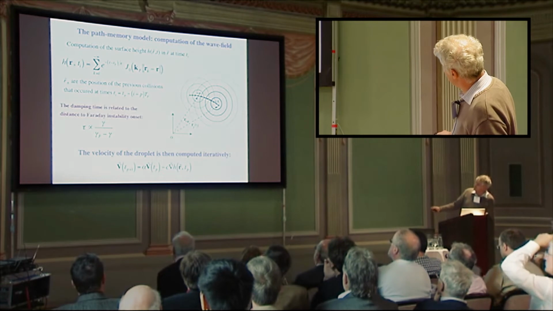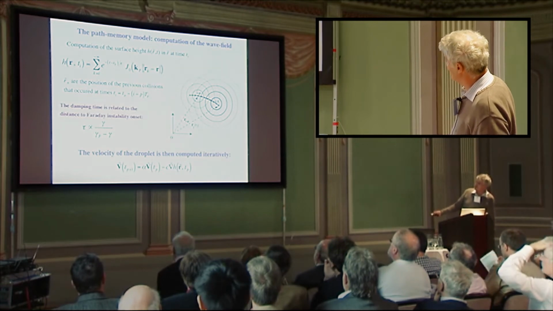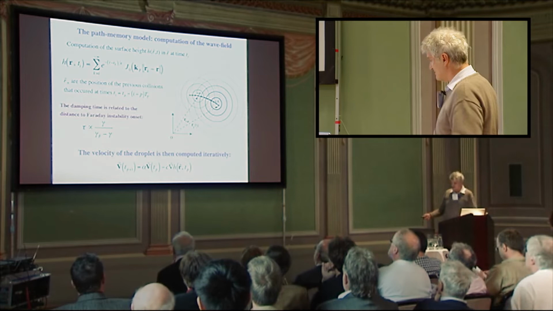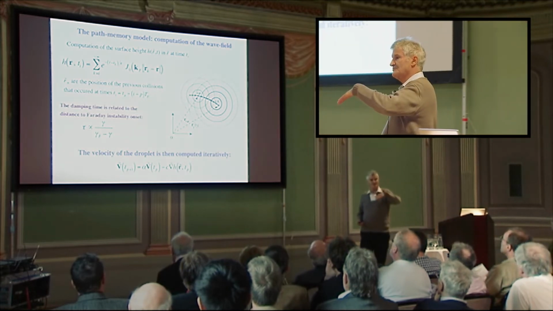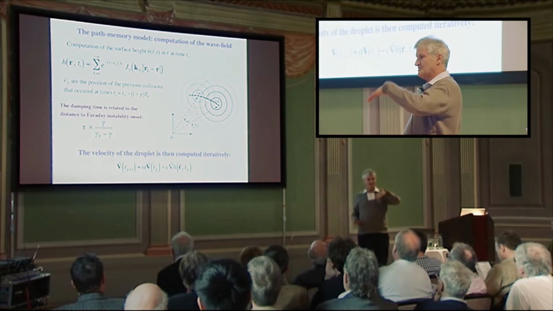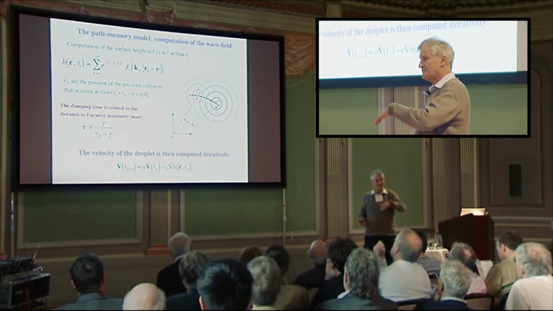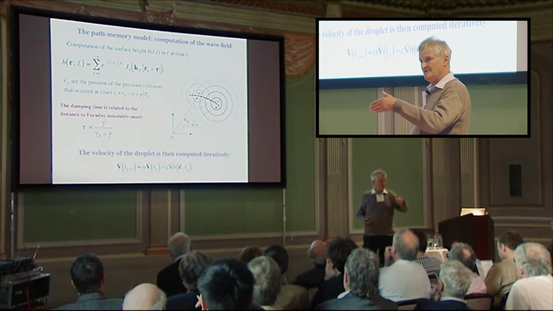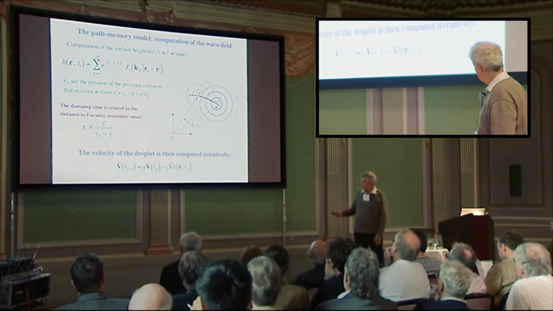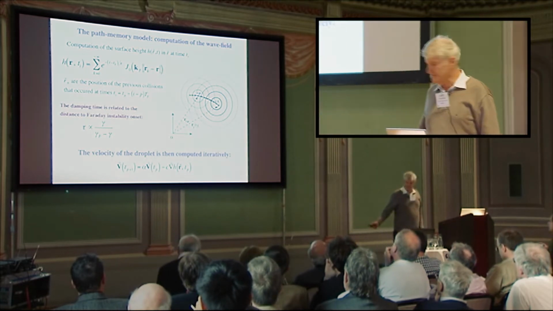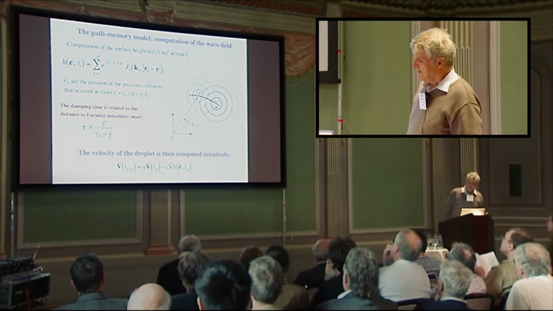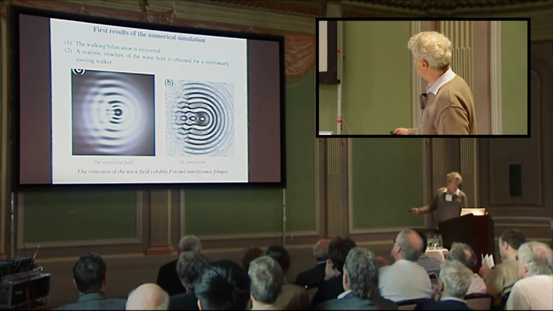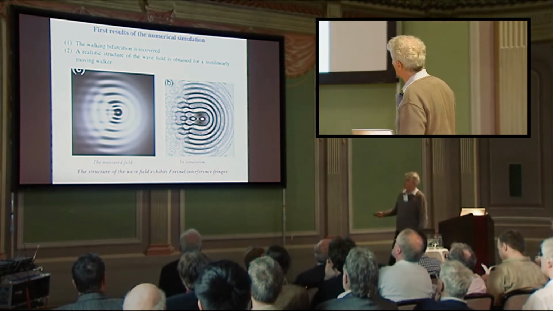Then you add a condition linking the velocity of the drop: the drop moves because it falls on a slanted surface created by the wave. So there is a coupling of the wave field and the motion of the drop by this intermediate. This is the iterative motion of the drop. This very simple model is sufficient to produce the spontaneous walking of the drop.